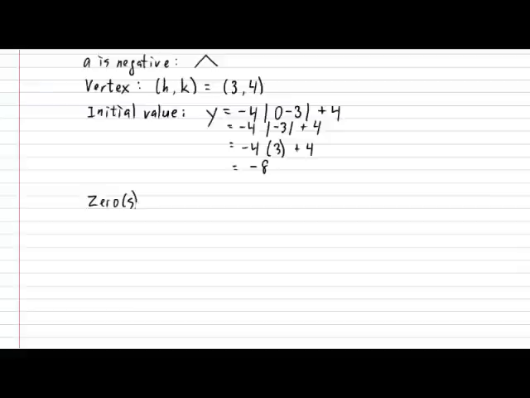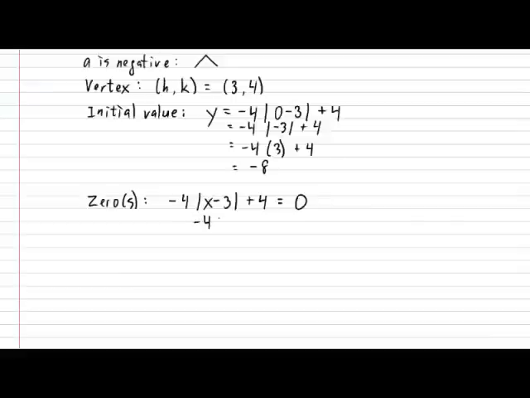And for the final clue, let's calculate our zeros, if there are any. So zeros. Alright, for the zeros, we're going to set the value of y to 0 and solve for x. So we have minus 4 multiplied by the absolute value of x subtract 3 plus 4, and setting y equal to 0. Okay, let's isolate our absolute value expression.